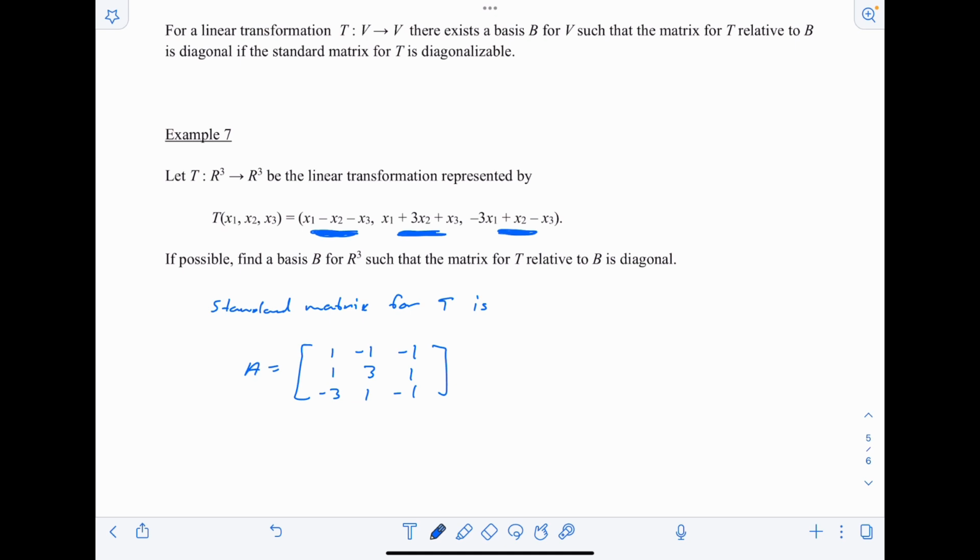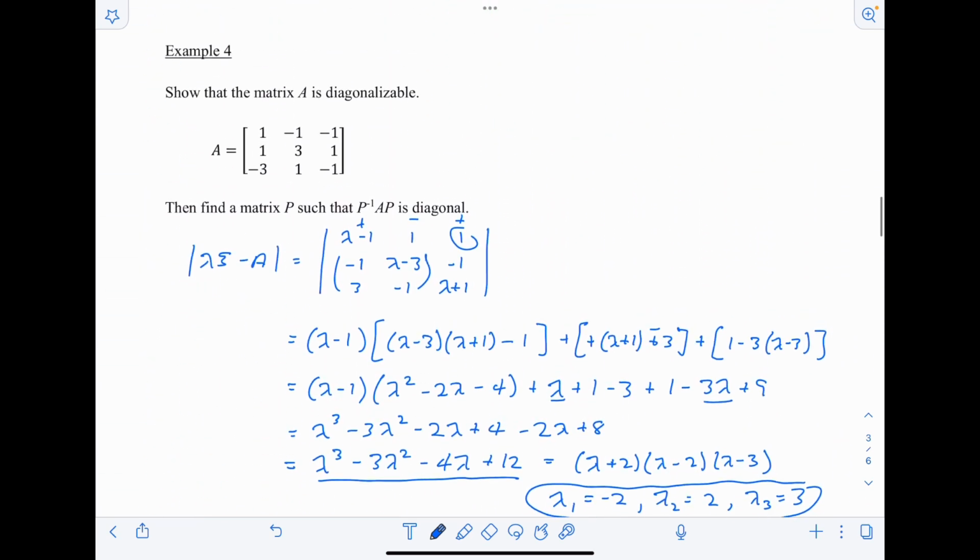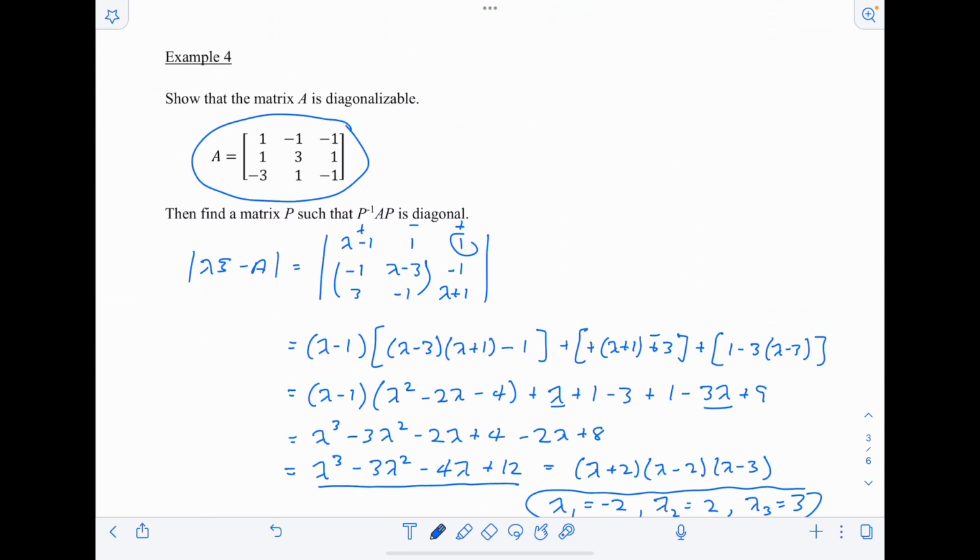Now, before we go any further, this is where we'd have to go through all the work of finding the eigenvalues and eigenvectors, which, remember, create the basis. But we're going to shortcut this because if you look closely at that matrix, if I go back to example 4 again, that is the same matrix we used in 4.